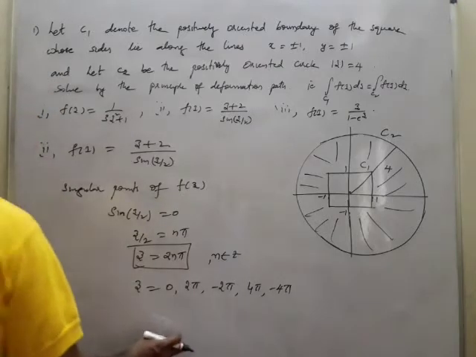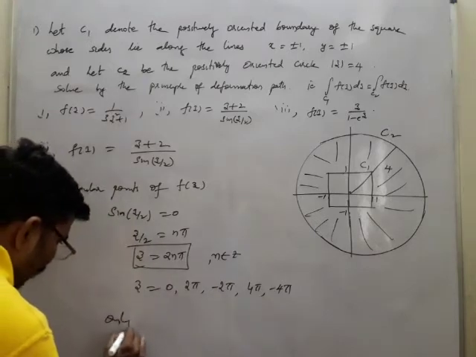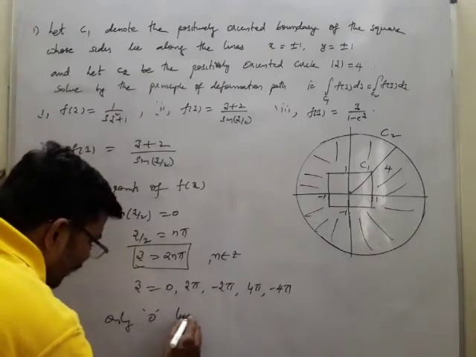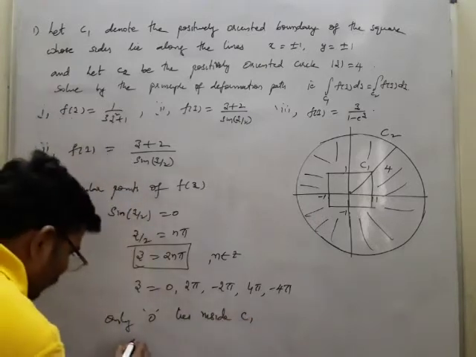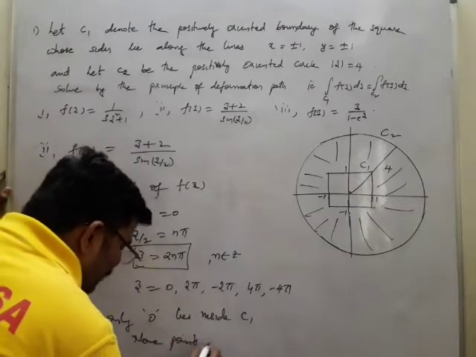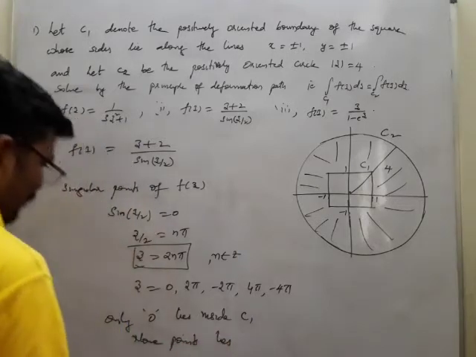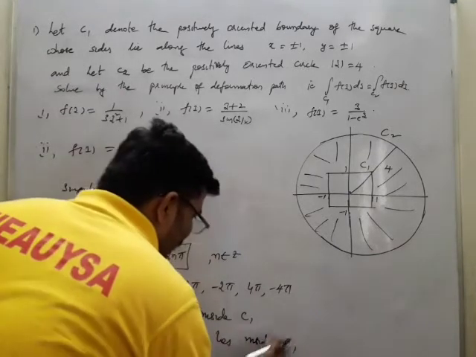Otherwise, in this only 0 lies inside C1. So none of the other points lie inside C1.